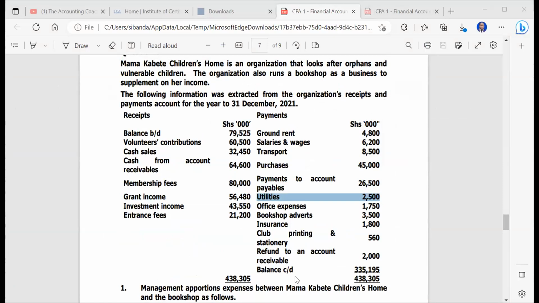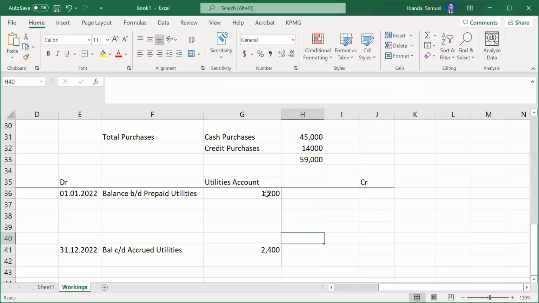Any quick answer? On the debit side. Okay, on the debit side, which is actually right. You see, I usually use the example of, let's say, these prepaid utilities.